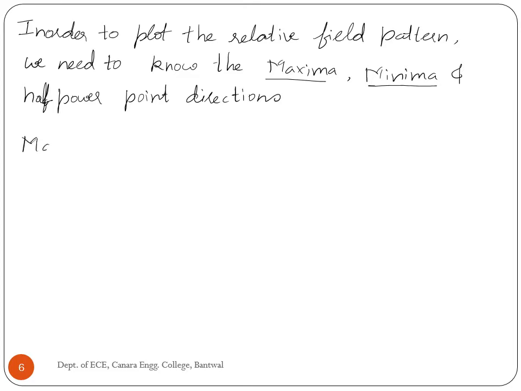To find out maxima direction, equate plus or minus 1 to the E normalized equation when d equal to lambda by 2, that is cos of pi by 2 cos phi equals plus or minus 1.